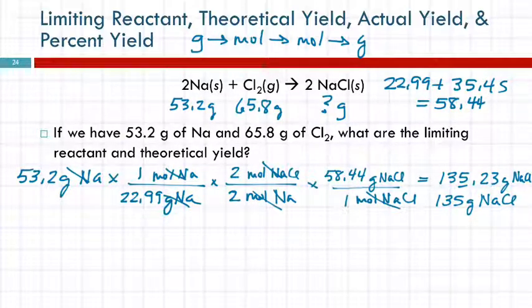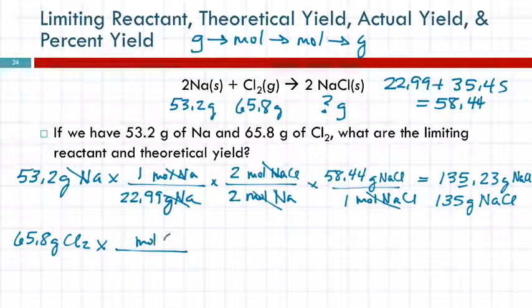It's very, very similar. So 65.8 grams of chlorine. Grams to moles to moles to grams. So grams of chlorine to moles of chlorine to moles of the product. Remember, we're trying to end up at mass of the same thing.